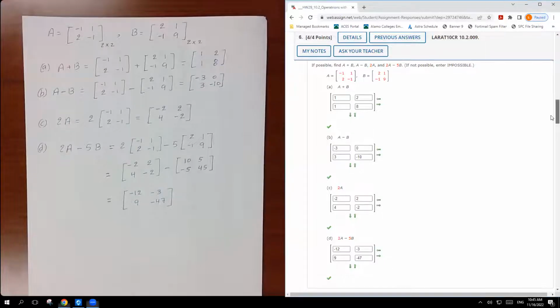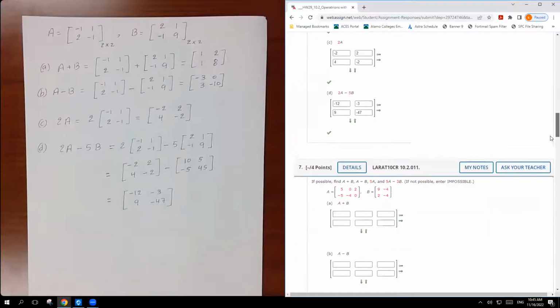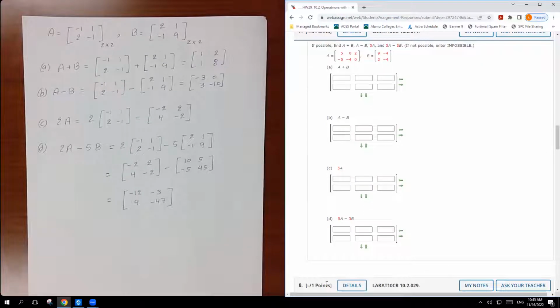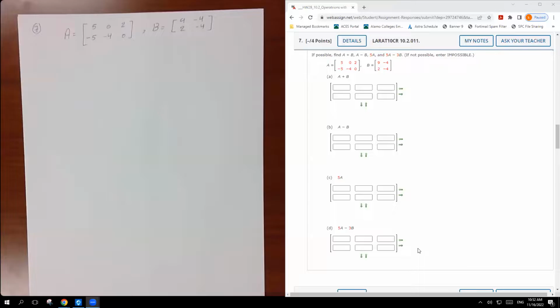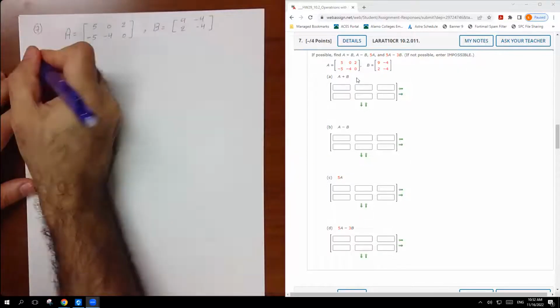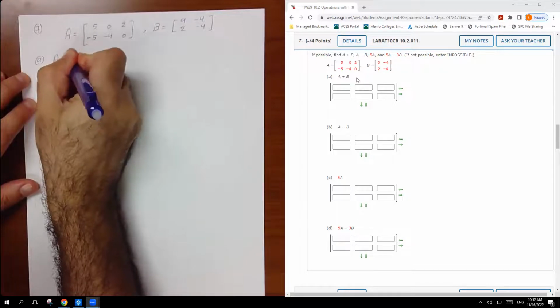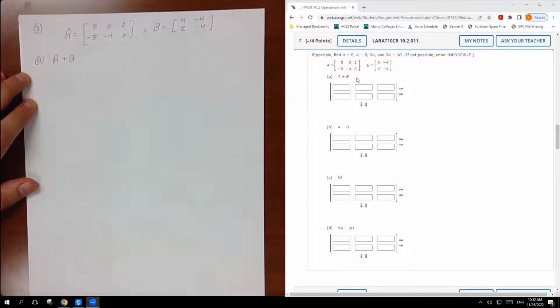We got it right. Let's move to example 7. We're going to do the same steps with example 7. For example 7, we're going to do the same thing as example 6. If you remember example 6, the first thing before I start adding, so for A, if we need to find A plus B, we need to check the dimension.